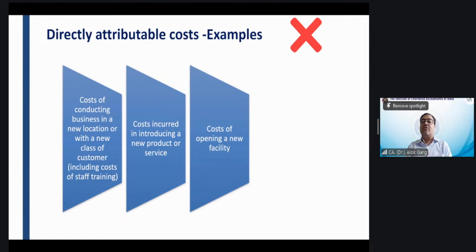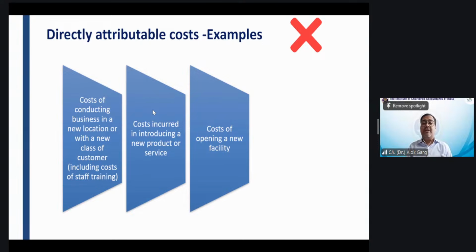Then cost of opening a new facility. Now the company is inaugurating a factory, and for that the company has invited, whom has the company invited? The South Indian star who has become chief minister now. किसको इनवाइट किया? अभी साउथ इंडियन स्टार, कौन सा साउथ इंडियन स्टार चीफ मिनिस्टर बना है? विजय थलपति.